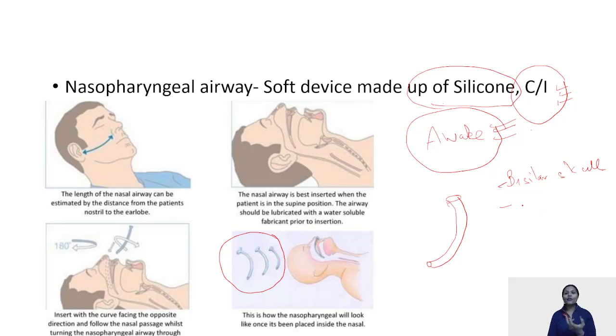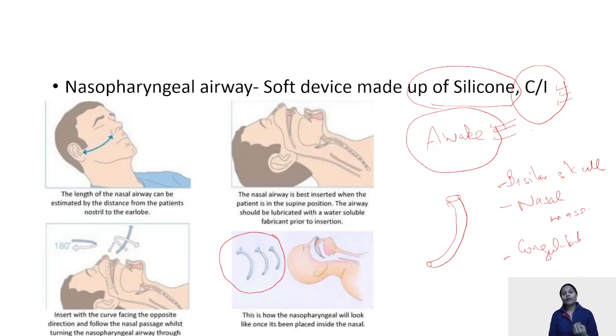Second, if you have any nasal mass, maybe a polyp, maybe a hematoma, or any obstruction, or a major DNS is present or a turbinate is there, in those cases, you cannot insert your nasopharyngeal airway. Third, coagulopathies.